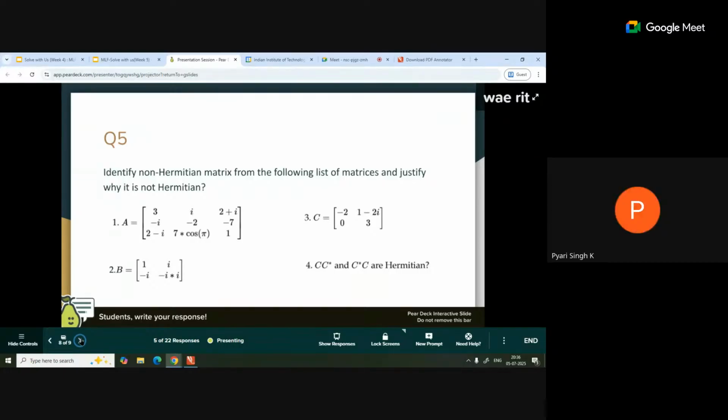So star was the same as conjugate transpose, right? Can you repeat it again? In question 4, we have C star, but star was the same as conjugate transpose. Okay, the option 4. Yeah, C star is conjugate transpose.